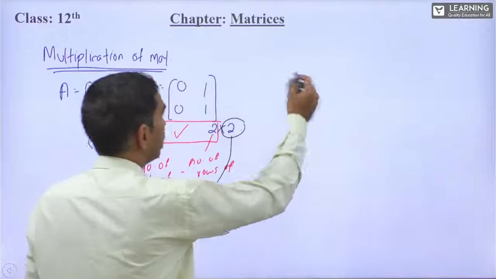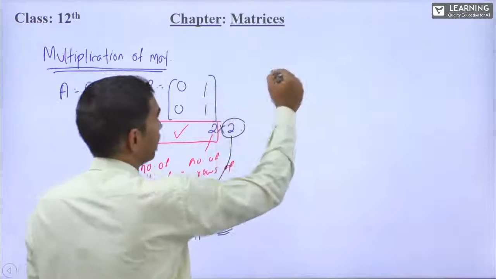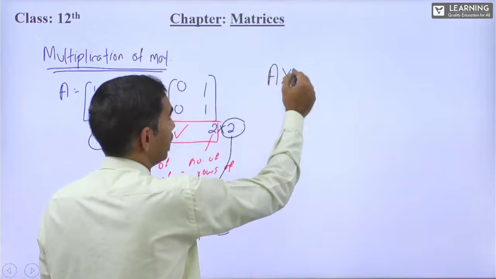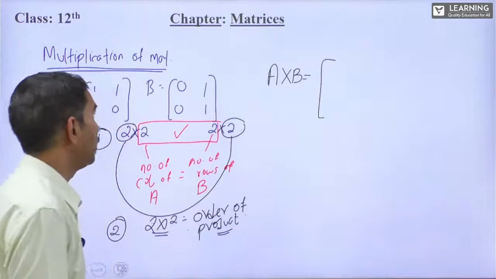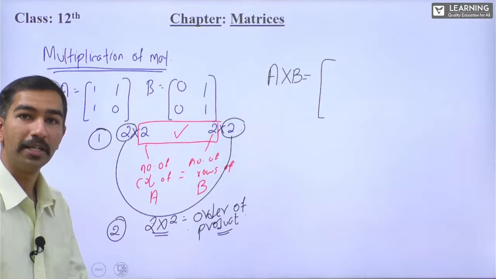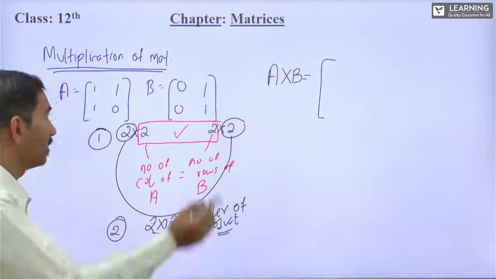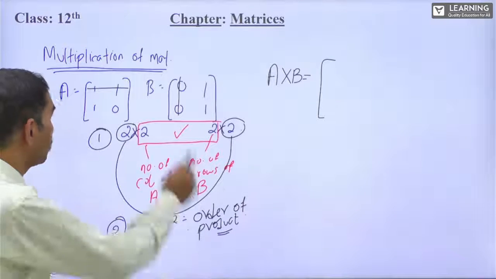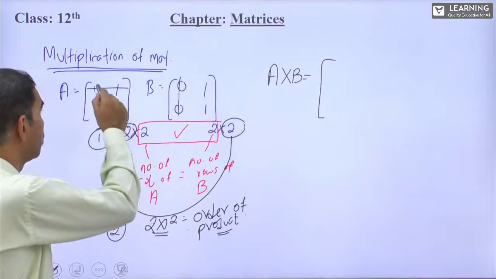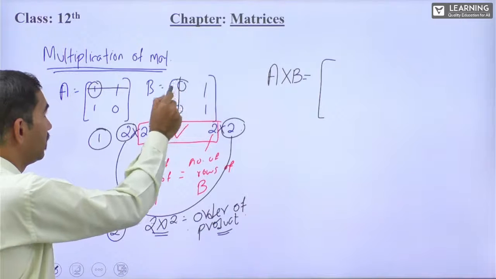So students, on the screen, the same example we'll take. We are writing now A into B. Now students, for matrix multiplication, how you have to carry out is first row into first column. What is the first row? 1, 1. First column 0, 0. This multiplied with this.